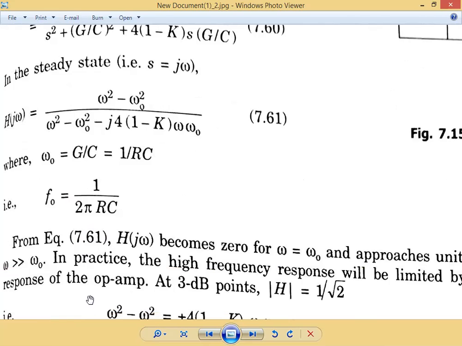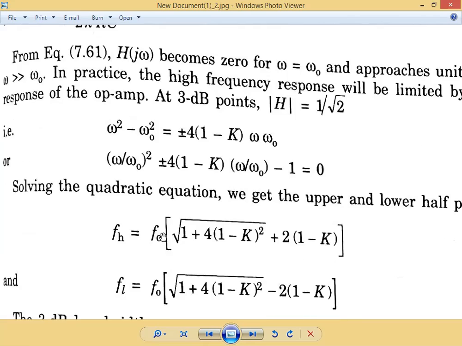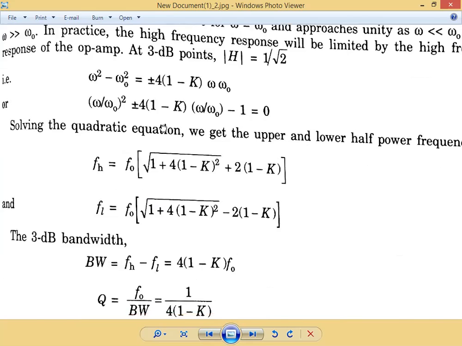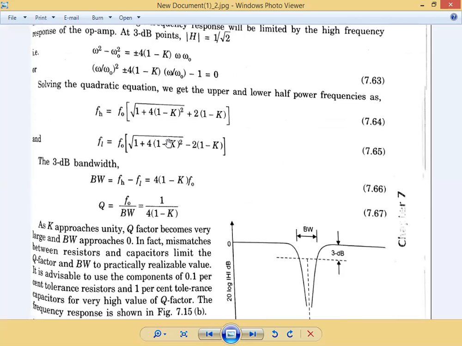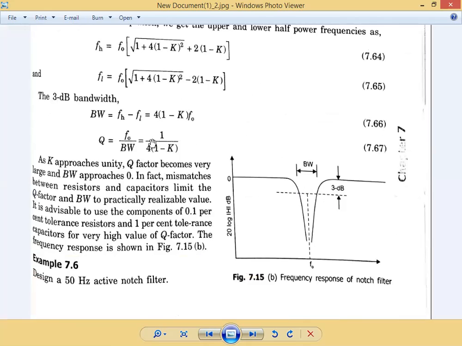From this we are going to obtain the lower frequency as well as the higher frequency, that is the cutoff frequencies, and the bandwidth, which is nothing but the higher frequency minus the lower frequency.